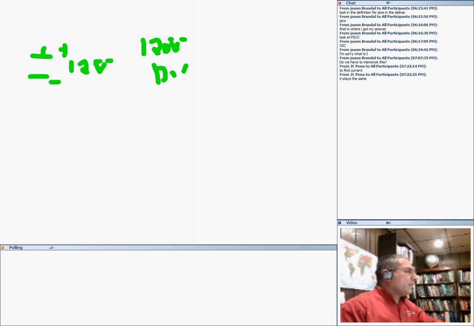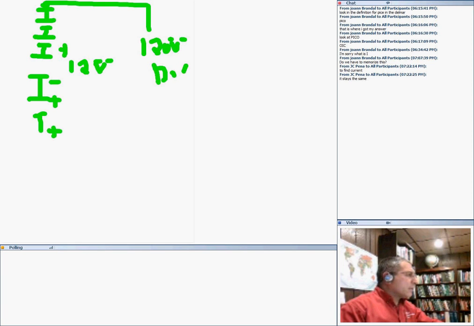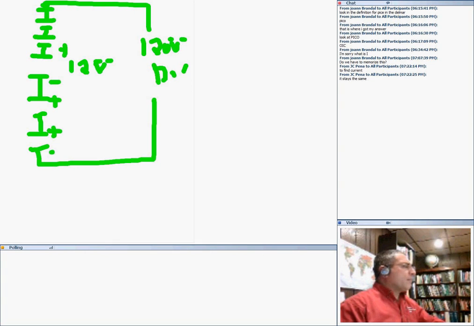If I put 10 of these, we put them in series, plus, minus, plus, and all the way, guys. You keep adding all these batteries, 12 of them.